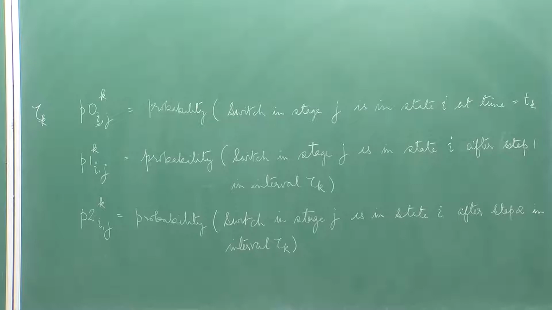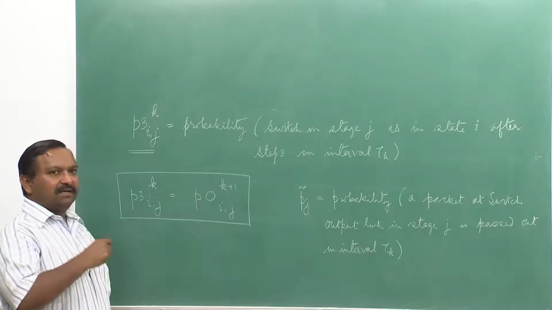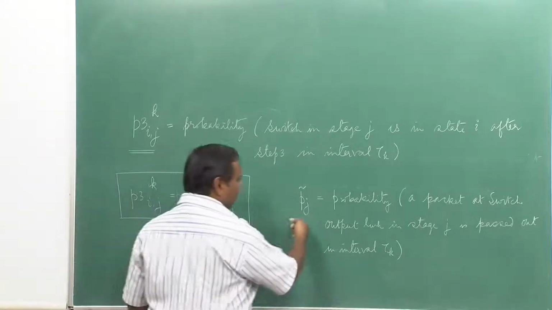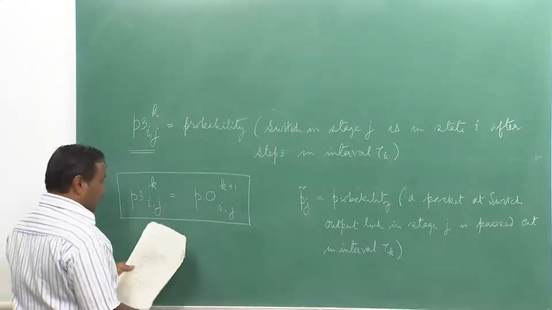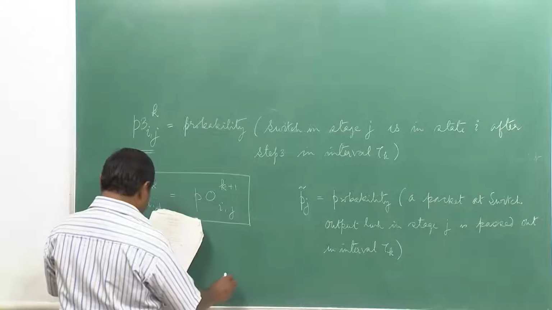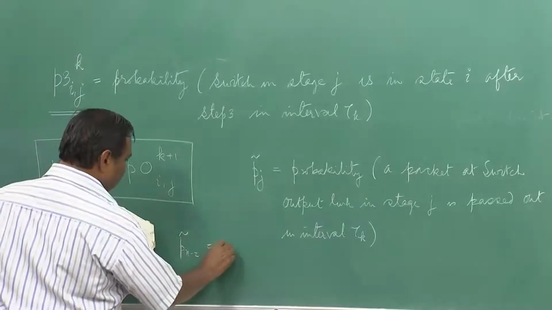So we have to find out the throughput using this procedure. As I defined, in the n minus second stage, if there is a packet, it will certainly go out. This is a conditional probability: if a packet is present, it will go out. So the boundary condition is that Pn minus 2 tilde will be 1.0.